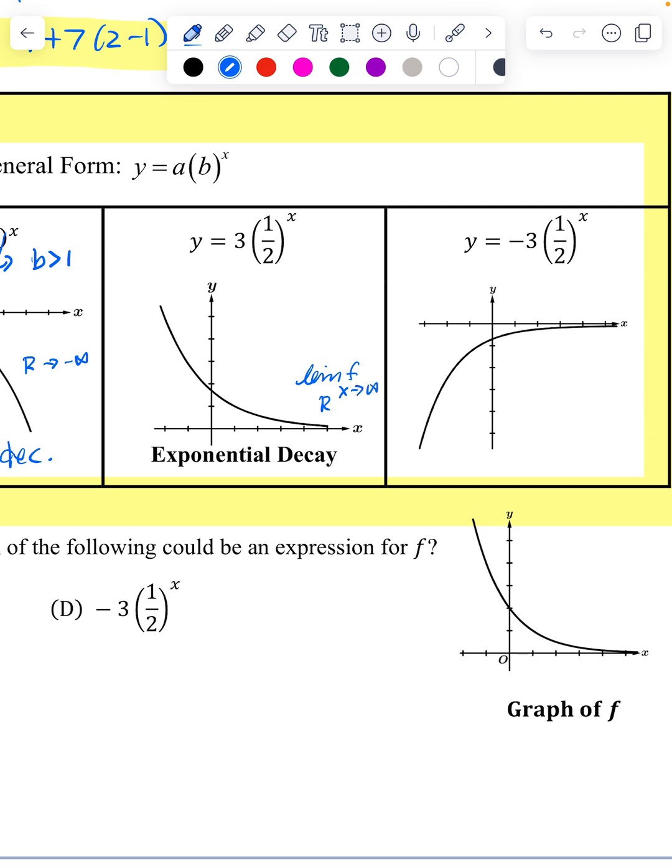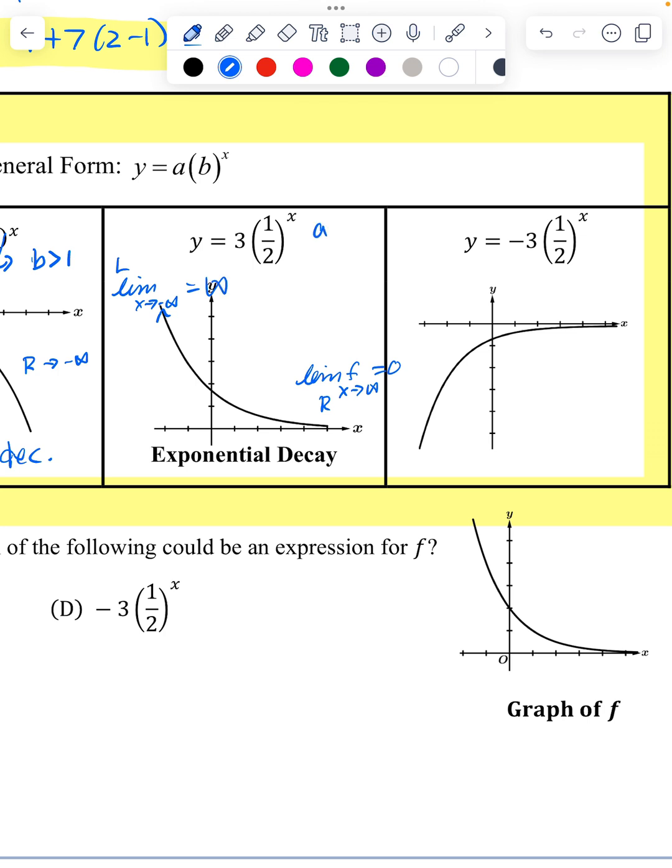However they identify it, you need to be able to say that one's going to 0. If they say x is decreasing without bound, that's left, or limit as x approaches negative infinity, that's left. In this case the left end's going up, so my answer would be infinity.